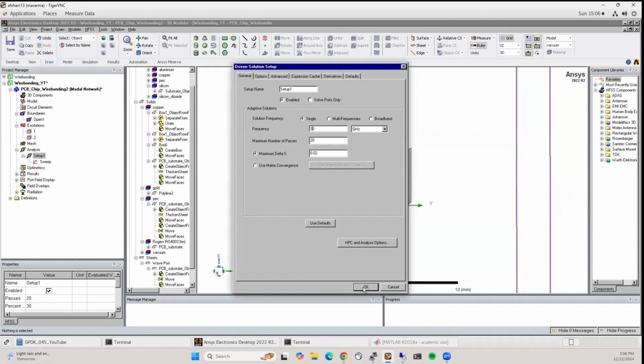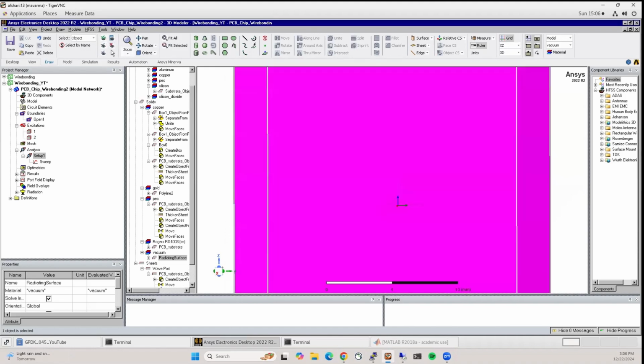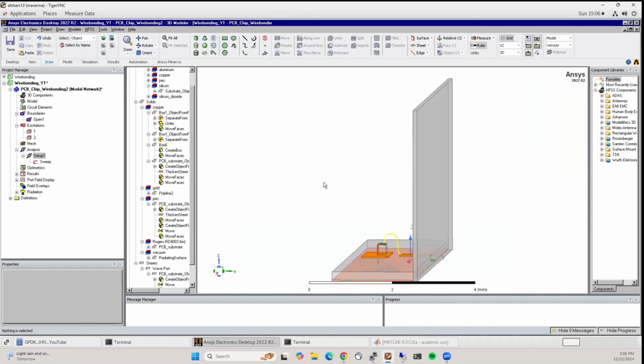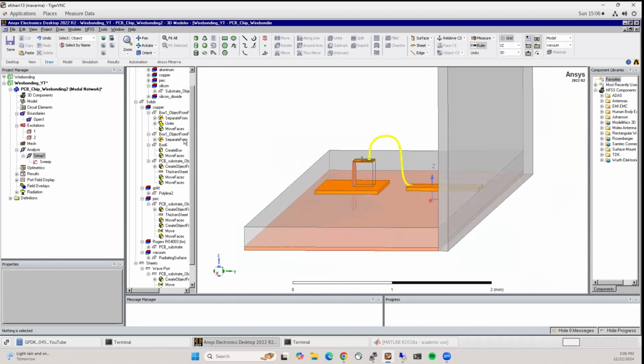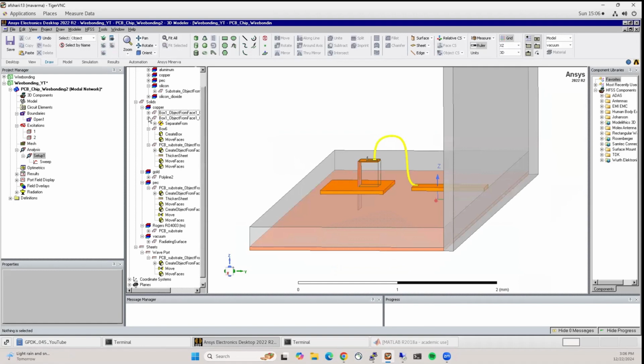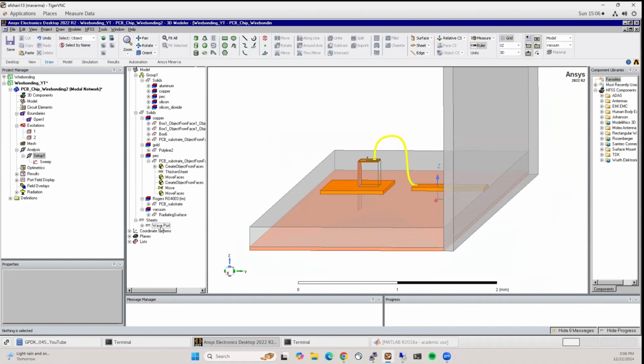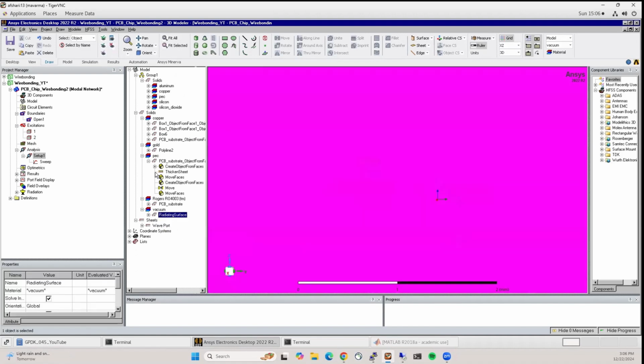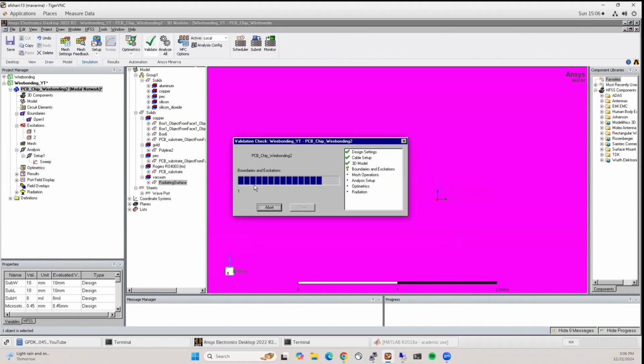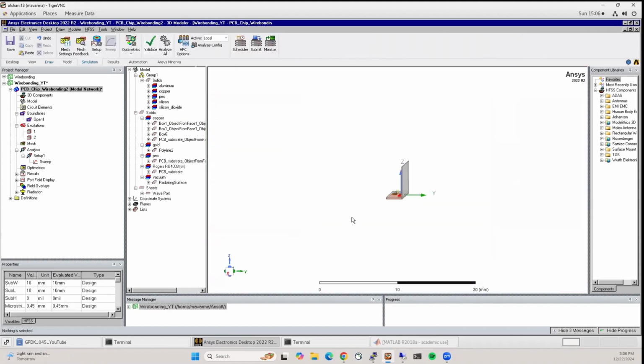And we'll set the base simulation at 10 gig. All right. So that's pretty much it, I think. It's always good to check all your layers to make sure that you haven't forgotten to assign something. Okay, looks fine to me. Okay, let's go ahead and simulate this.